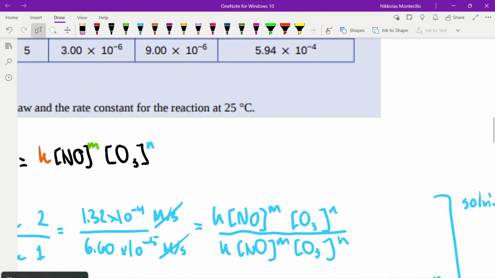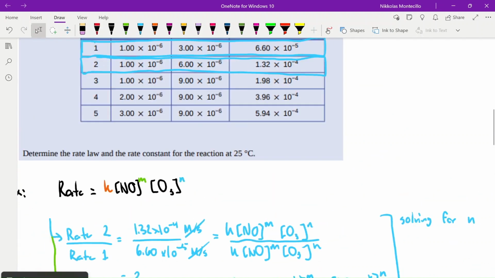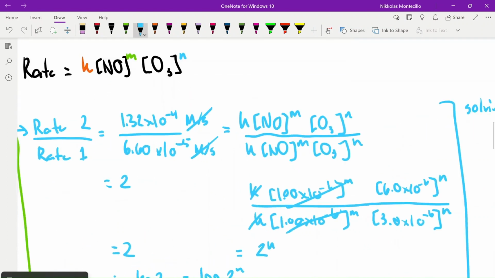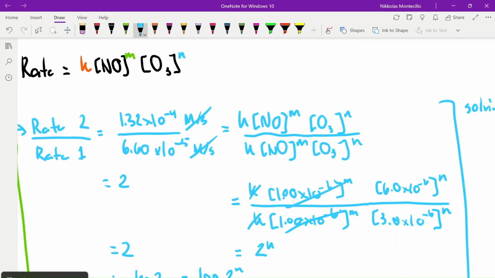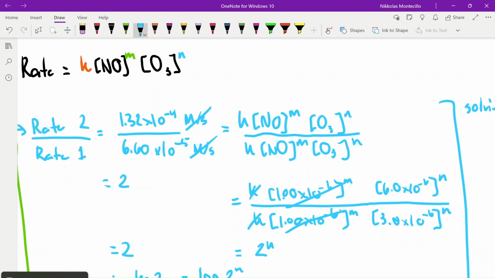So this is how the rate ratio looks in its most generic form, not considering reaction orders. But when we plug in the values from the trials, this is what we get: k times 1.00 times 10 to the negative 6 times 6.0 times 10 to the negative 6, over 1.0 times 10 to the negative 6 times 3 times 10 to the negative 6.